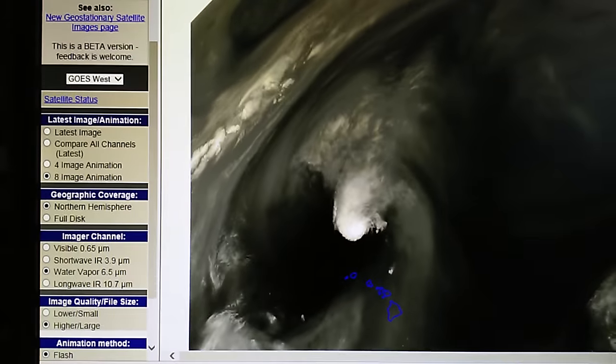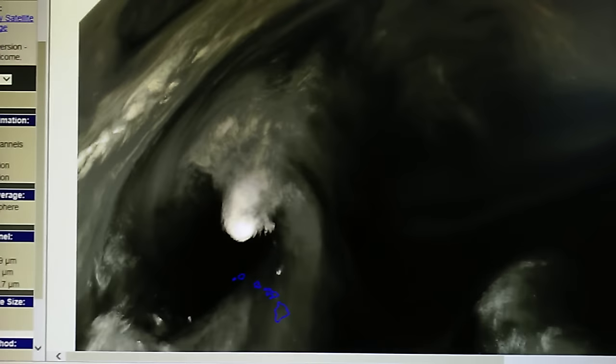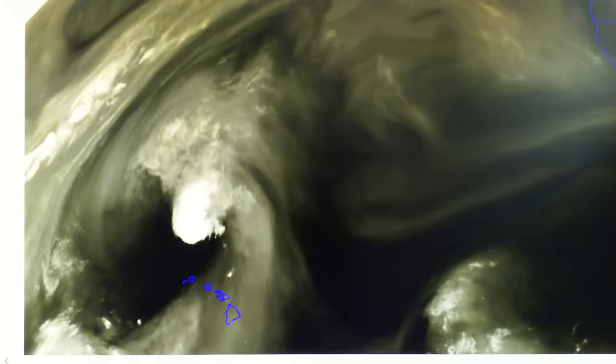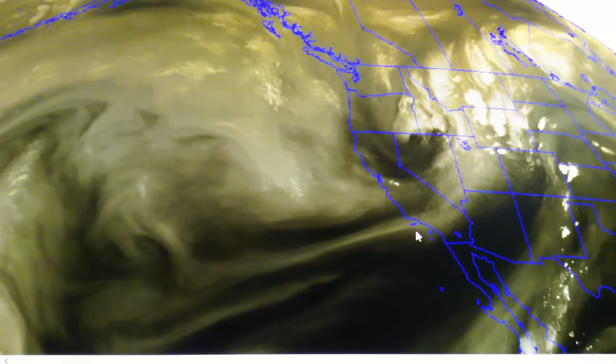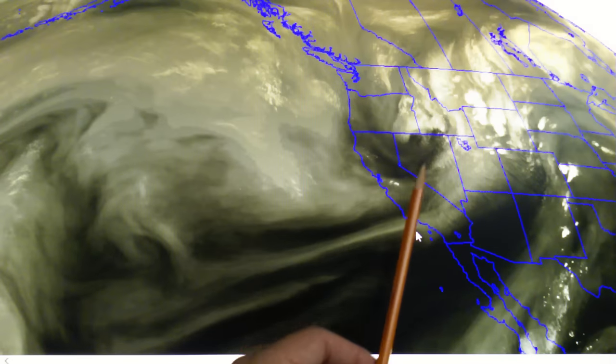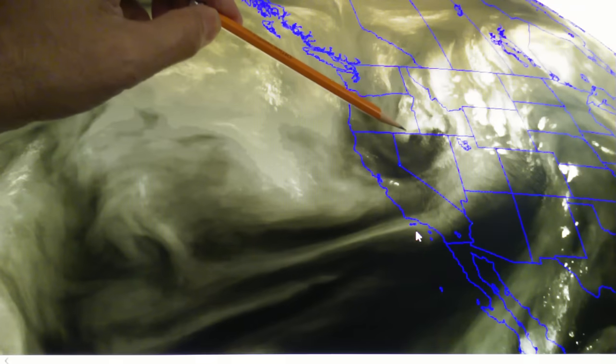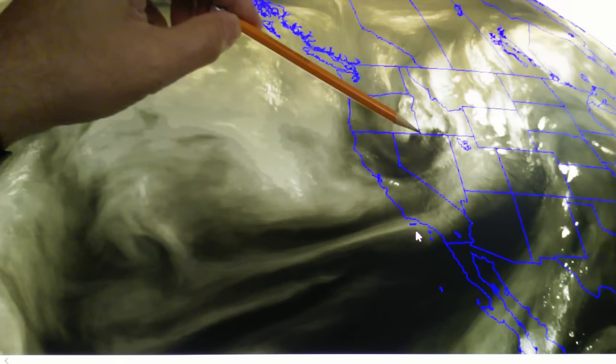Okay, here's the SSEC map, the water vapor map, showing the Pacific and the West Coast. Got Lester right there. And we have the West Coast. You can see that spinning low right here, which looks like it has a right angle on it. Look at that, right there.